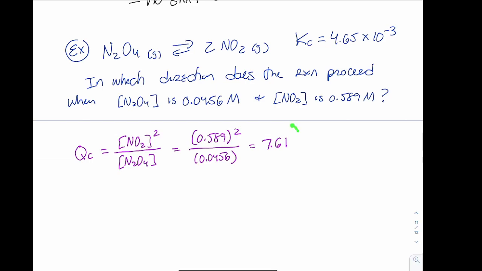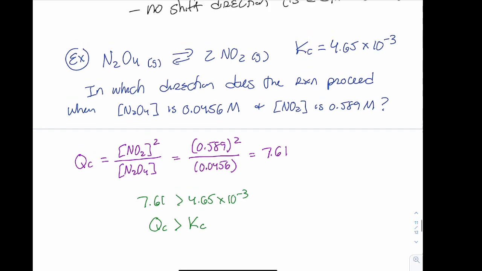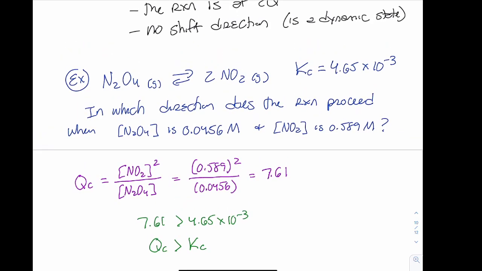I'm going to then compare my value for QC to my value for KC. 7.61 is much larger than 4.65 times 10 to the negative third. My value for Q is greater than my value for K. So what that means is my number on the top is too big.